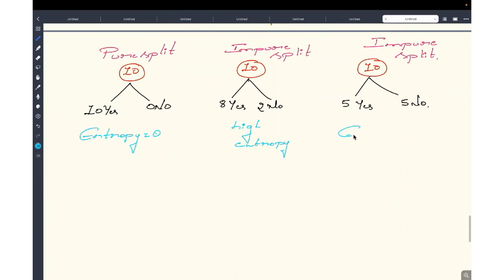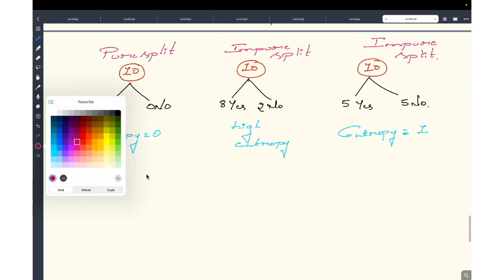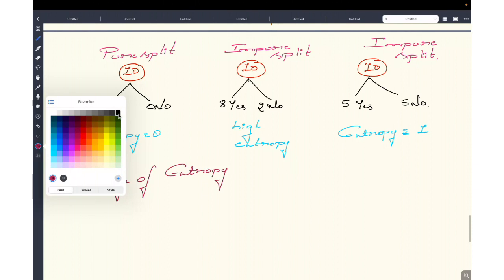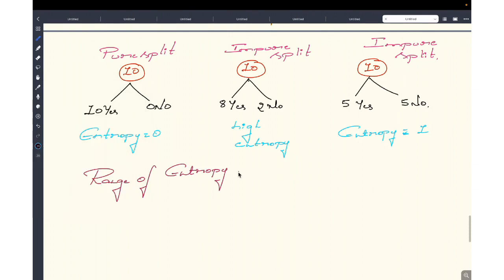Whenever there are equal chances, 5 yes and 5 no, entropy is always 1. Like tossing a fair coin, chances are 50-50.